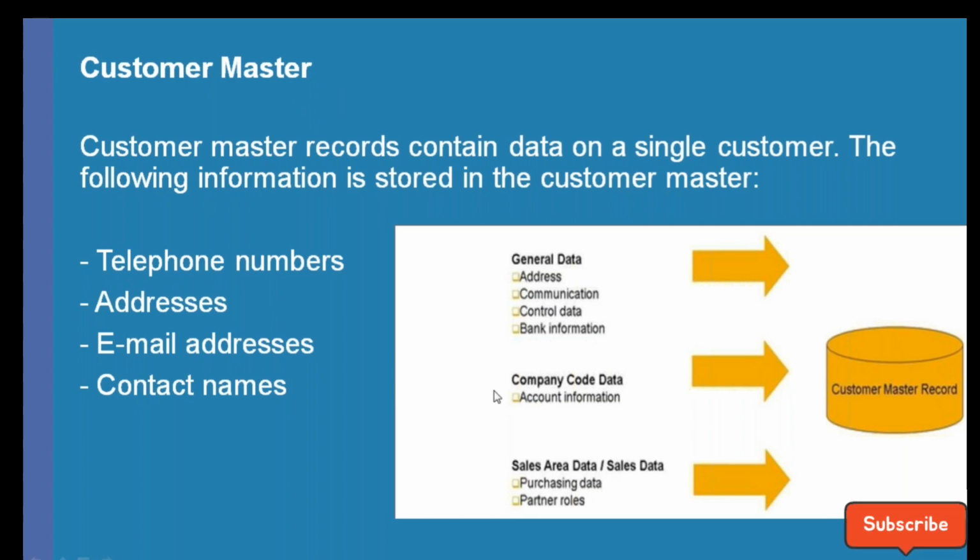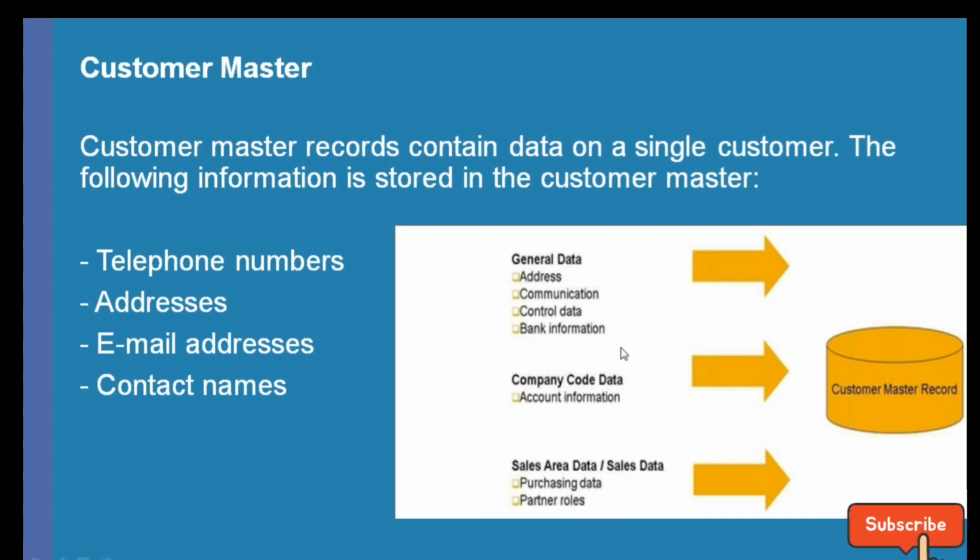Then you have ERP customer detail. Under ERP customer, we have company code, and then we have sales org. In the company code, we have the account information, particularly the payment terms detail, payment method details, etc. And the sales org, similarly, we will have the purchasing data and partner codes. Okay, so this is the format.